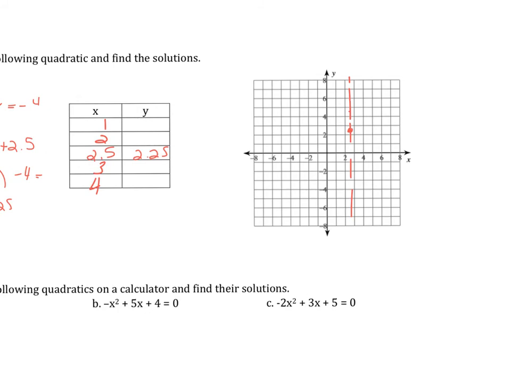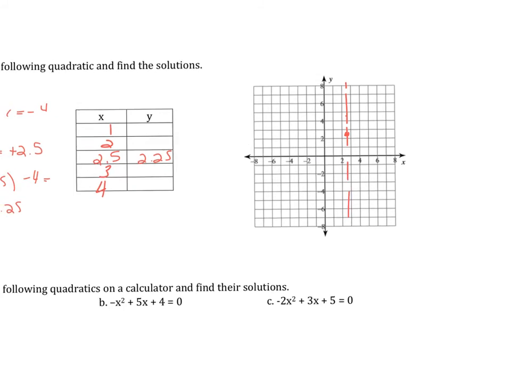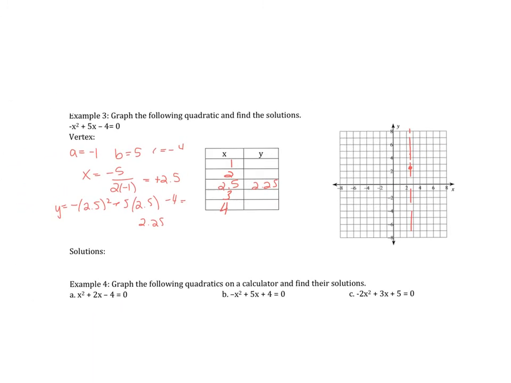So I'm plugging in integers because I personally don't love working with decimals. So we have -3 squared plus 5 times 3 minus 4. That's going to be -9 plus 15 minus 4. And that's going to give us 2.